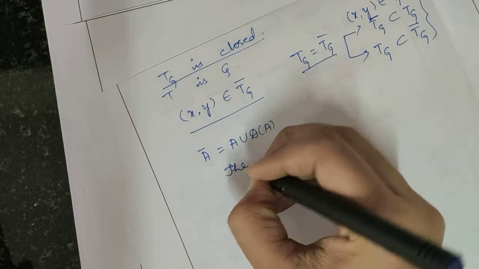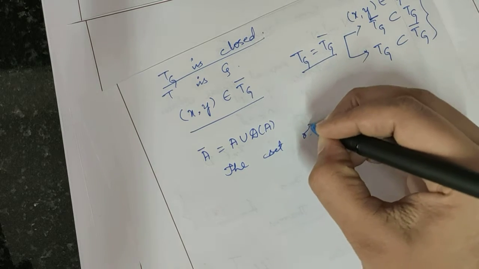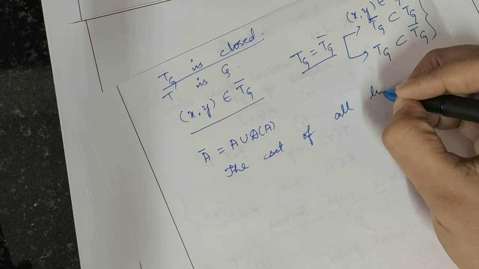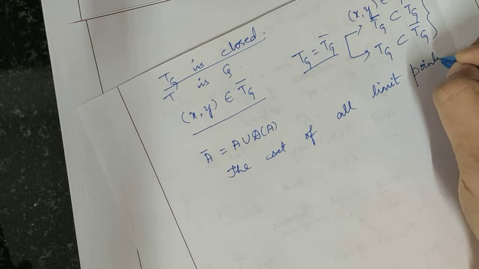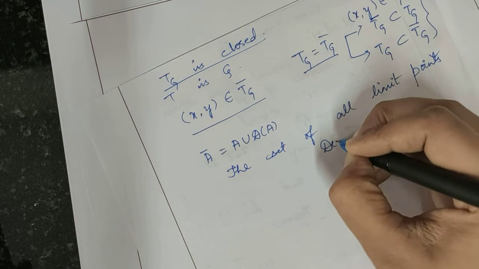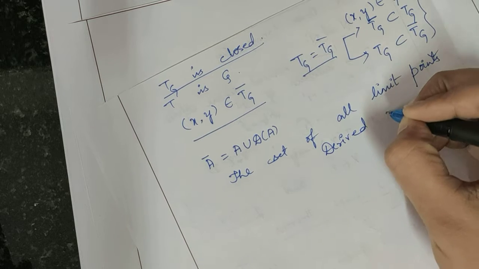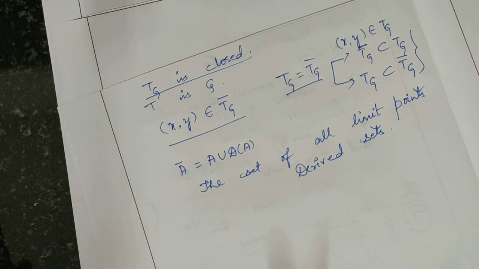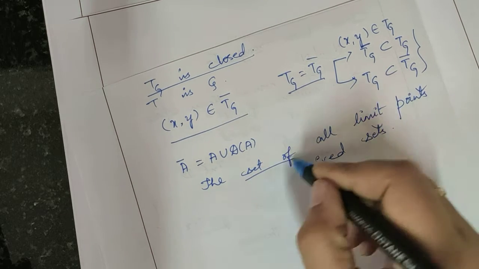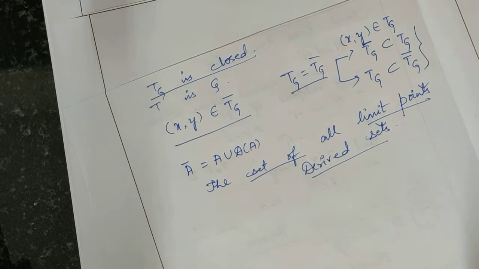The set of all limit points is nothing but your derived set. This is how you define derived sets. A limit point is where every neighborhood of x contains a point of A other than x. The set of all limit points is called the derived set.